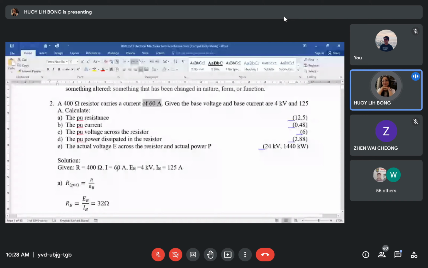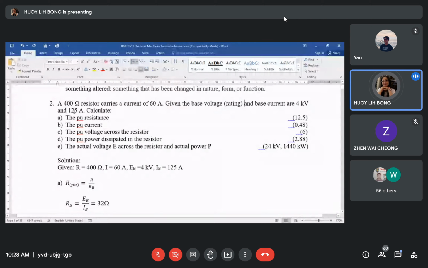Then you're given the base voltage. Usually what I mentioned just now is your rating. Rating is used as your base voltage or base currents. So 4 kilovolt and the current is 125 amp.